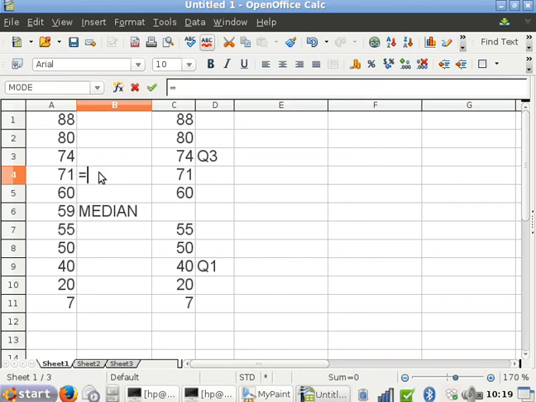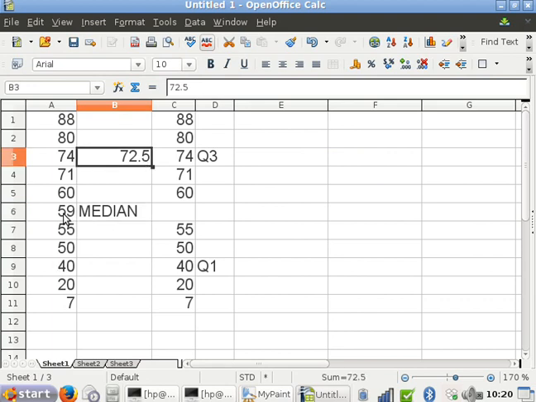So that would be 72.5. That is the upper quartile. So we have two answers so far for upper quartile. If we exclude, we get 74, and if we include, we get 72.5.